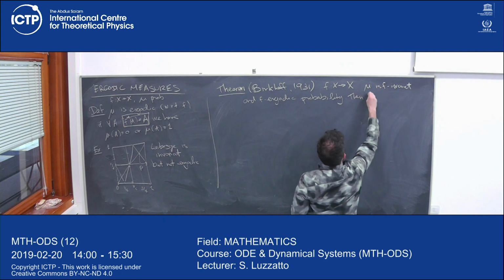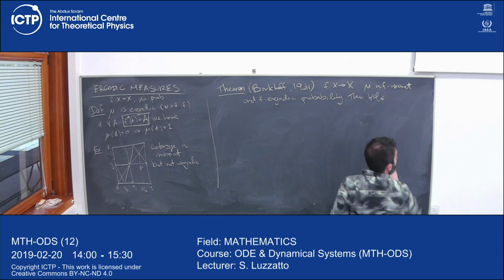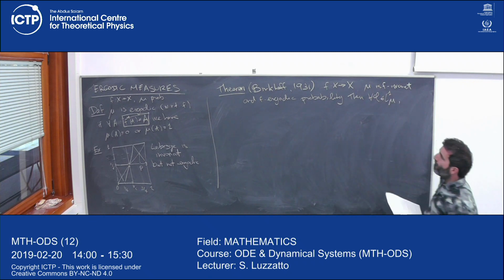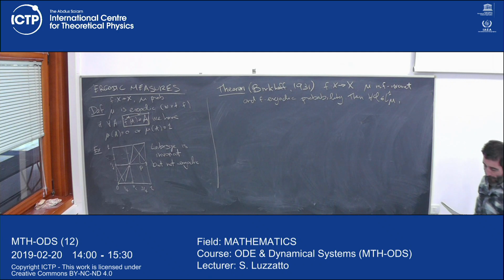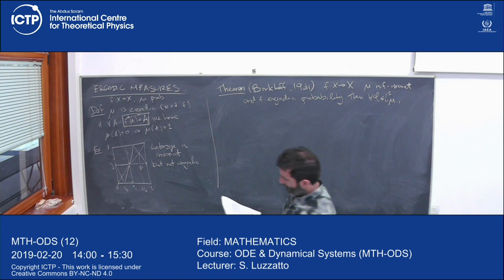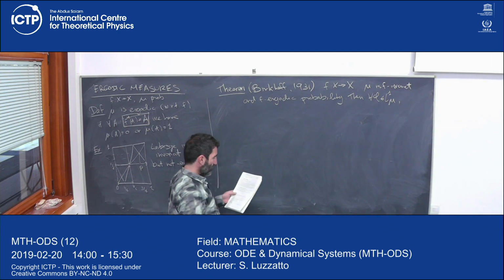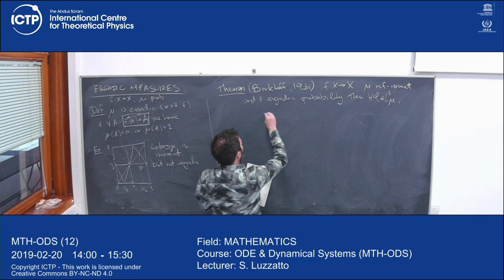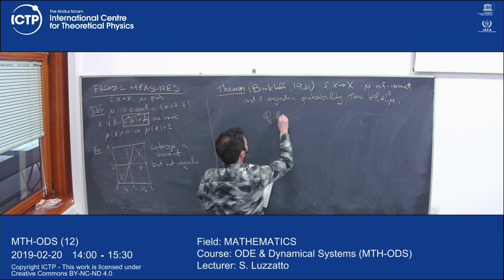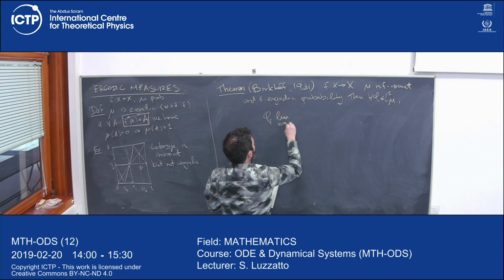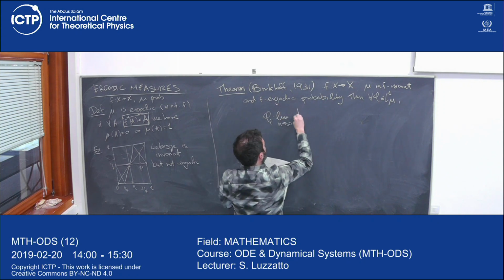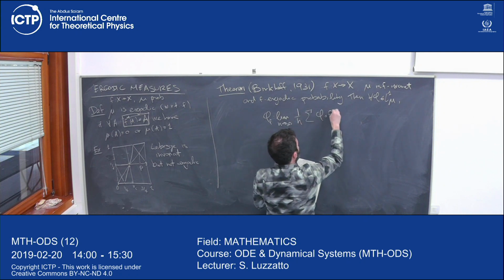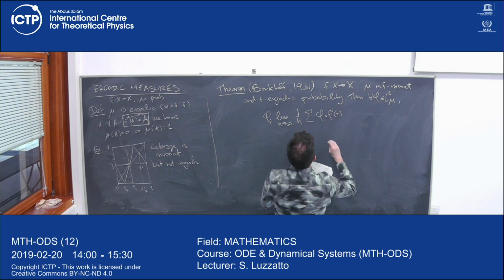And then for all phi in L1 of mu, we have the limit as n goes to infinity of 1 over n times the sum of phi composed with f^i on x.